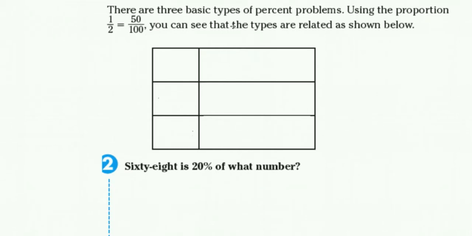Okay? Let's take a look at this one. There are 3 basic types of percent problems. Using the proportion 1/2 equals 50 over 100, you can see that the types are related as shown below. So let's use 1/2 equals 50 over 100 as an example. In this example, we're looking for the number 1, which is our percentage.